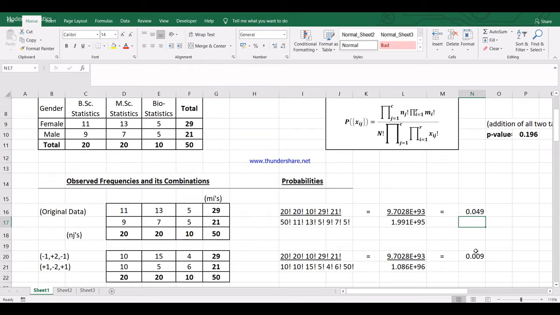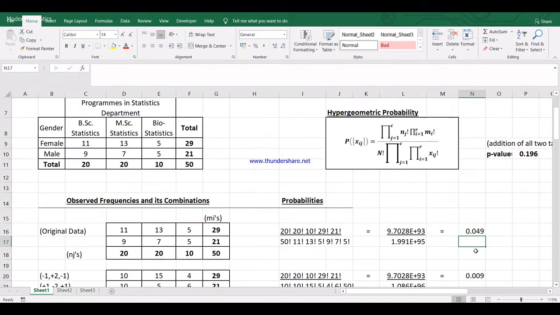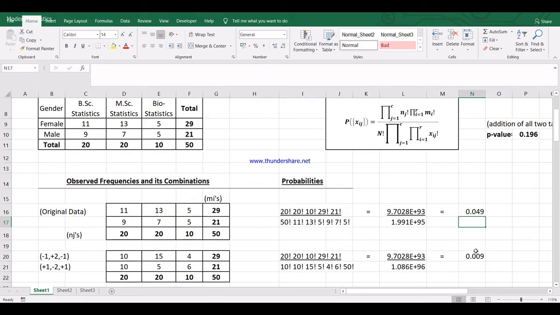Similarly, I have to calculate this hypergeometric probability for several other combinations. What I mean by several other combinations is, from the observed data, how I made combinations. Let me show you. So from the observed data, that is 11, I subtracted 1 here in the first row.